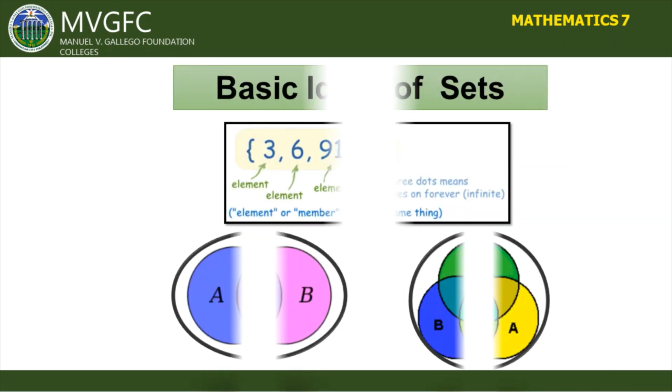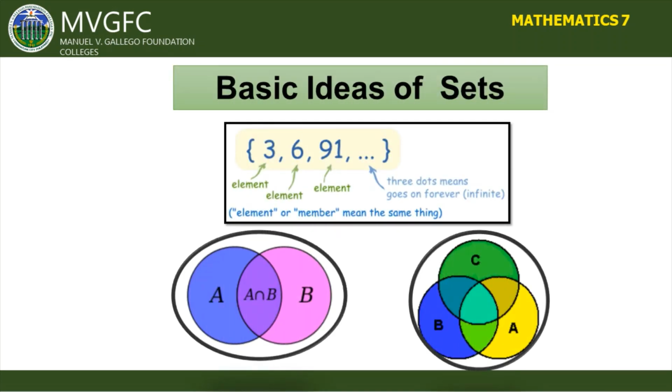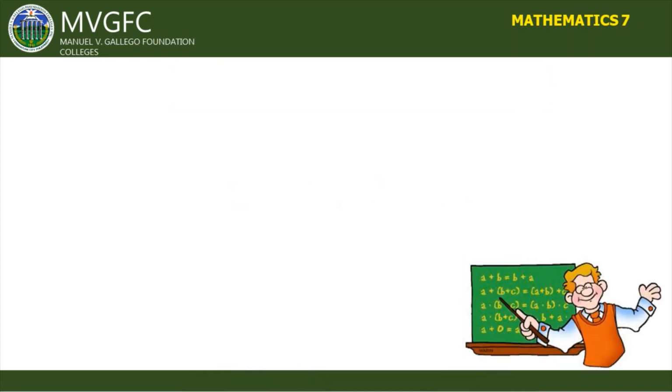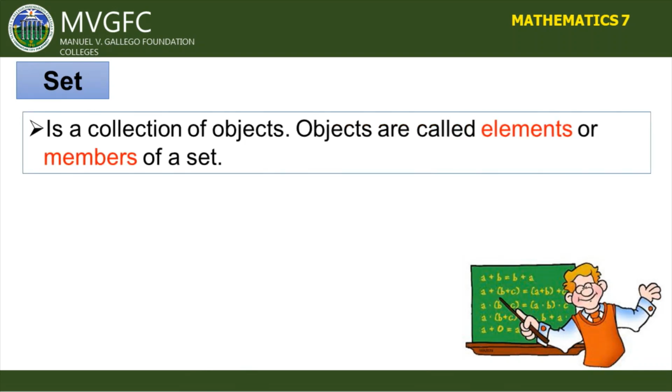Okay, so in that, we will now proceed with the basic ideas of sets. Let us first define what is a set. It says here that a set is a collection of objects. Those objects are called elements or members of a set. For example, we have a set of counting numbers.